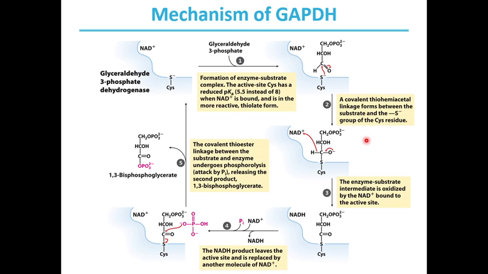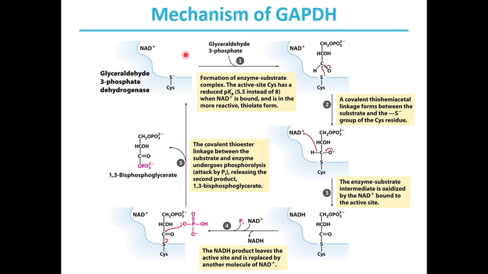Shown here is the mechanism of the GAPDH reaction. As I said, this enzyme has a nucleophilic cysteine in its active site. Shown here is the active site of GAPDH, and this is where NAD+ binds, and the substrate binds here.